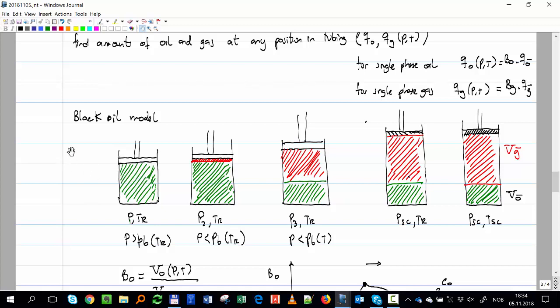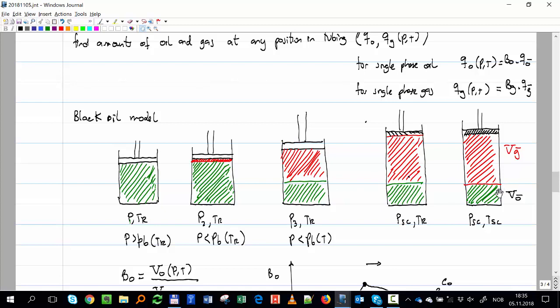And then I flash any of these oils to standard conditions, I'm going to get some RS. But I'm always going to get the same RS. The same oil, I just put it at different pressures above the bubble point. I'm always going to get this ratio when I flash it to the surface.